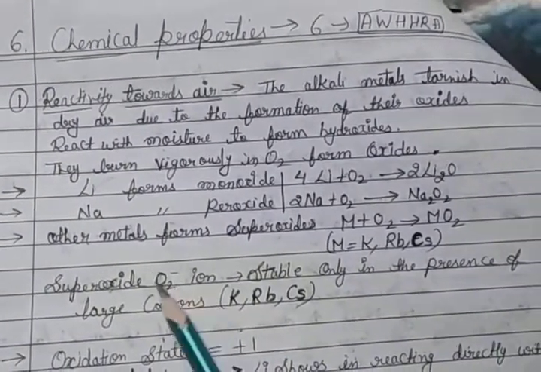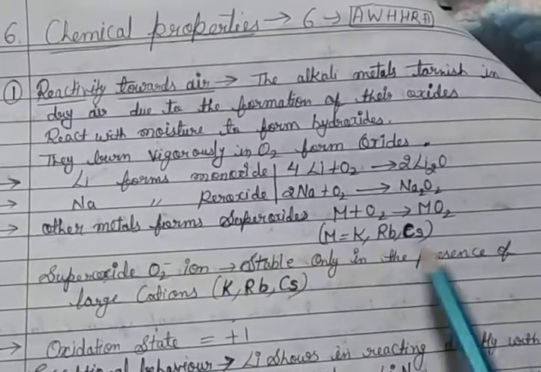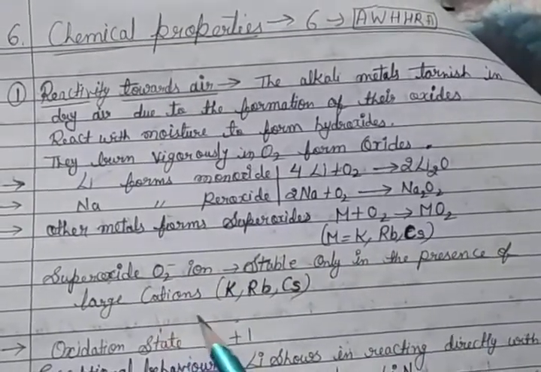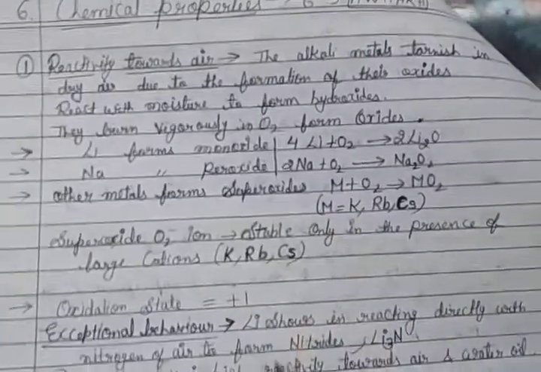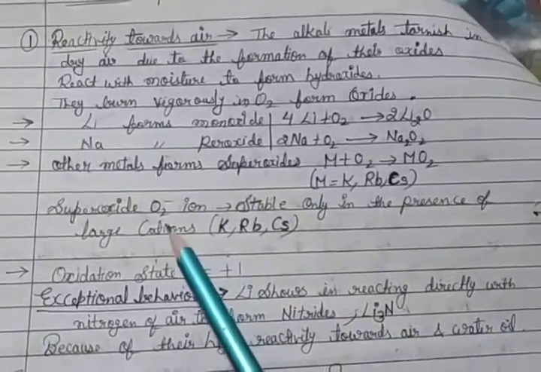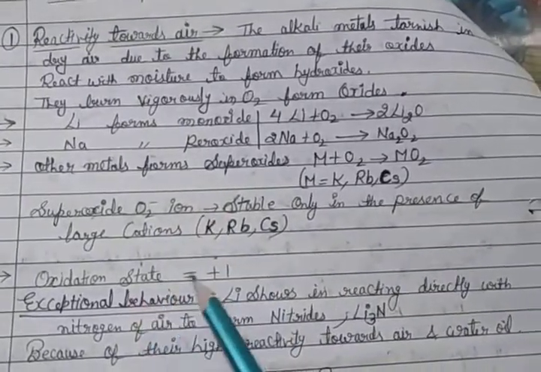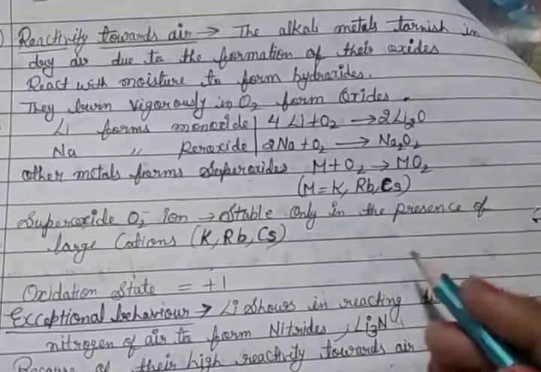The superoxide ion O2 minus is stable only in the presence of a large cation, potassium, rubidium and cesium.